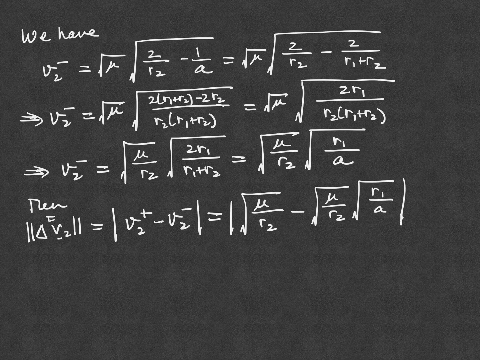But now we can factor out the square root of mu over r2 out of this result because it's positive, and we're left with the absolute value of 1 minus the square root of r1 all divided by a.